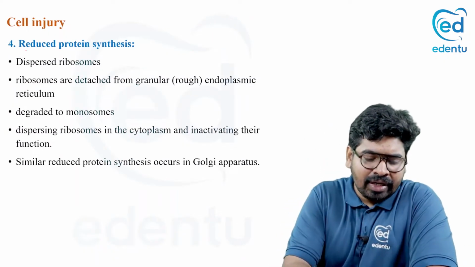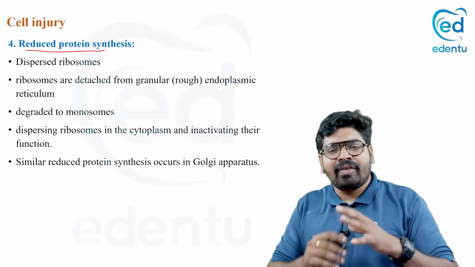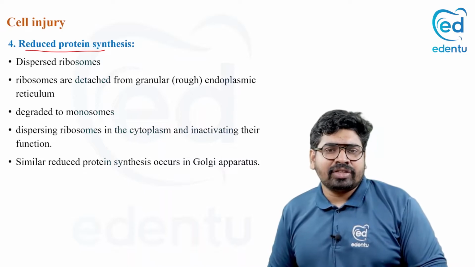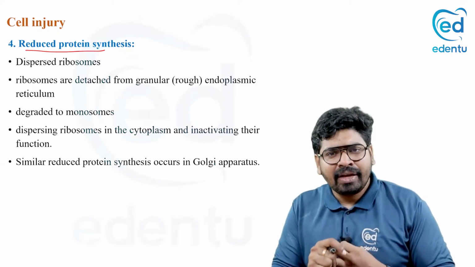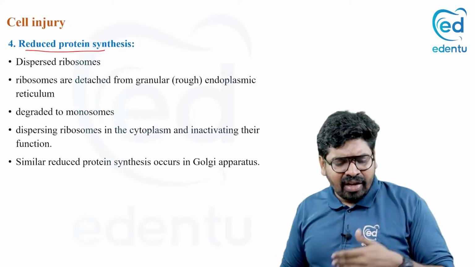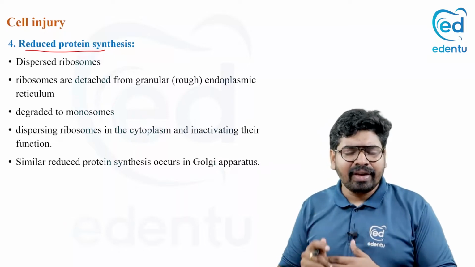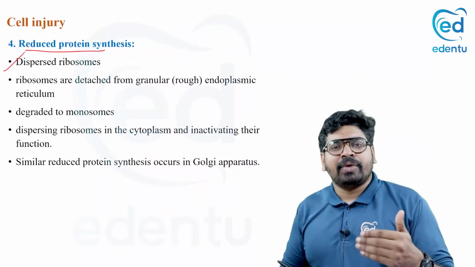Now coming to the last stage: we have decreased ATP, hydropic degeneration, hydropic swelling, chromatin clumping, and lactic acidosis, so the pH of the cell is decreased. All these can result in reduced protein synthesis. The ribosomes are dispersed.